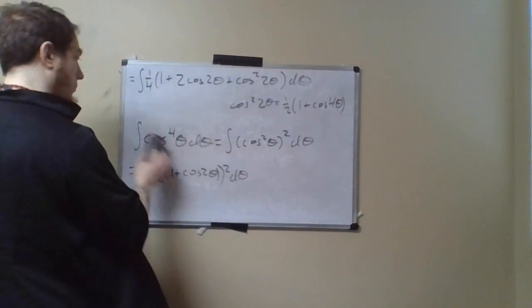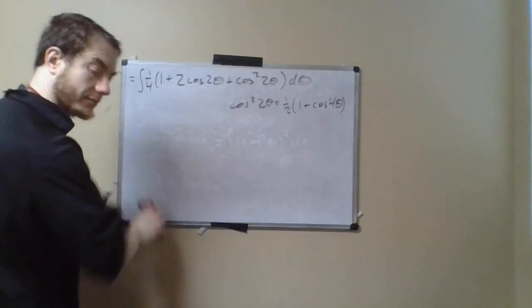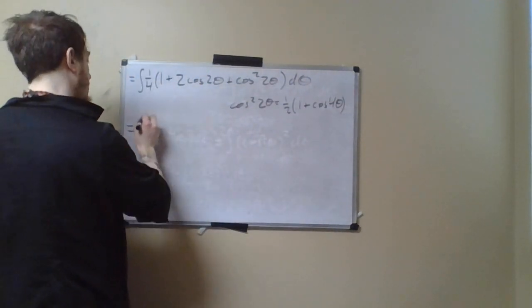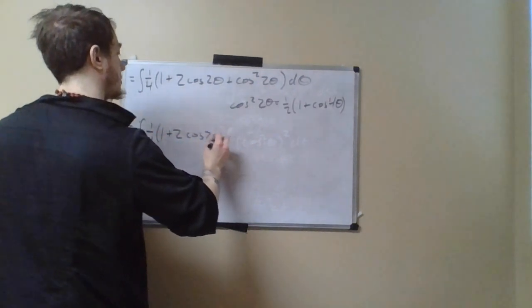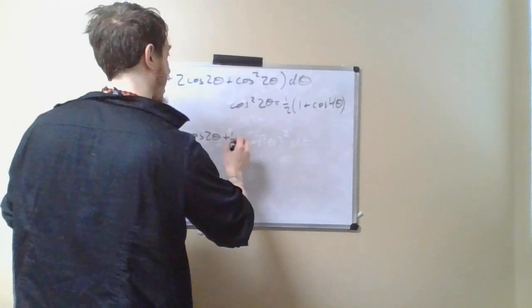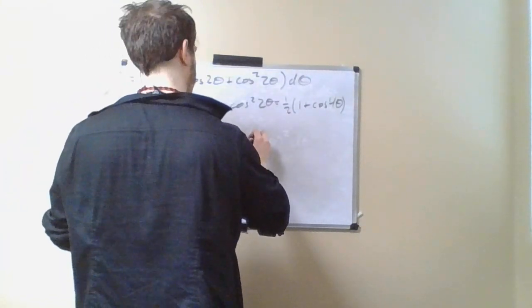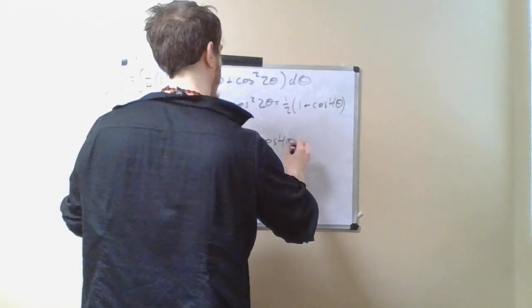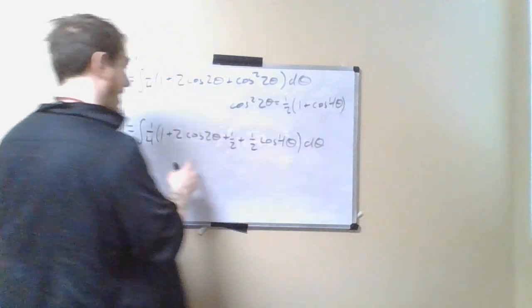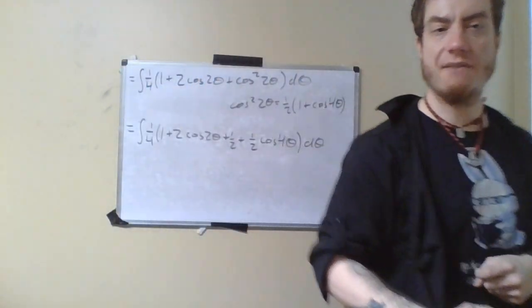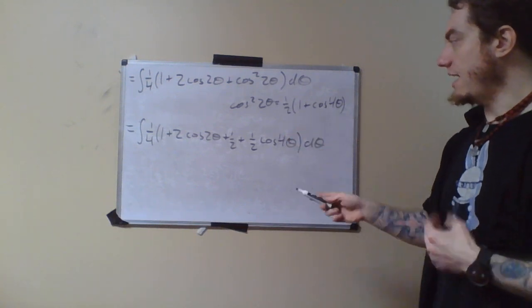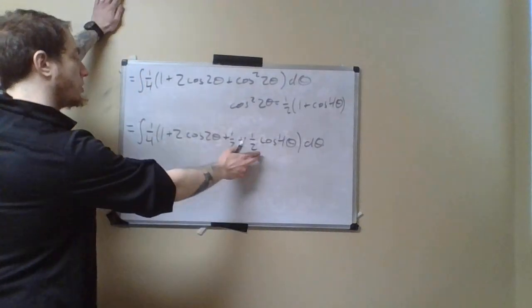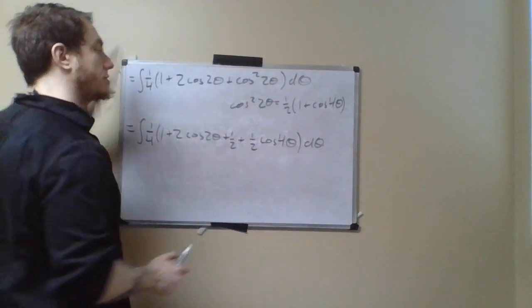So I can take this integral and rewrite it as the integral of 1/4 times 1 plus 2 cosine 2 theta plus 1/2 plus 1/2 cosine 4 theta d theta. And now we have everything down to where we have at most one cosine in each of these. We can do each of these pieces. In fact, we can simplify things still further because this is 1 plus 1/2. It picks up 3/2, and then we just do each of these pieces.